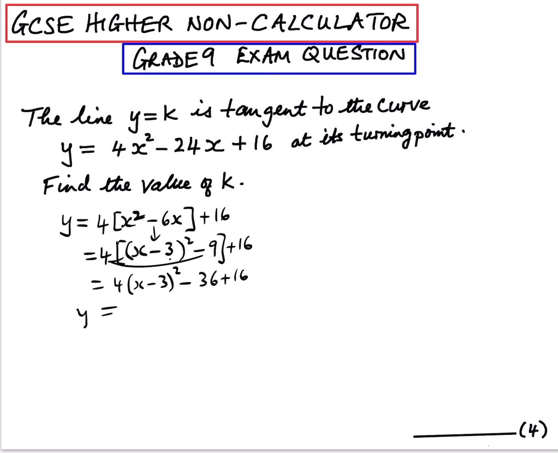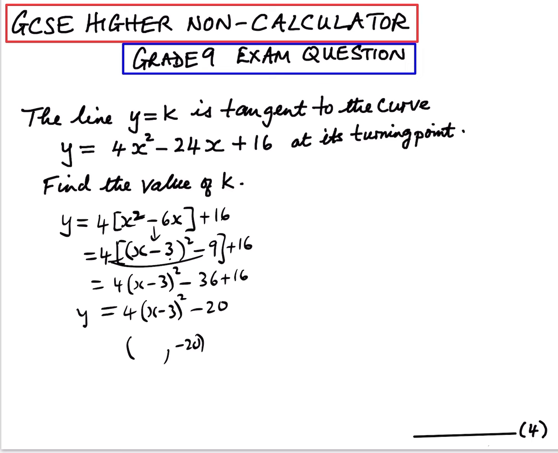That will give you y equals 4 bracket x minus 3 all squared, minus 36 plus 16 is minus 20. So what's the minimum point? Well, the y value is minus 20. It's this value here. The x value is whatever makes that bracket 0, and I'll show you why in a minute. So the answer is 3.